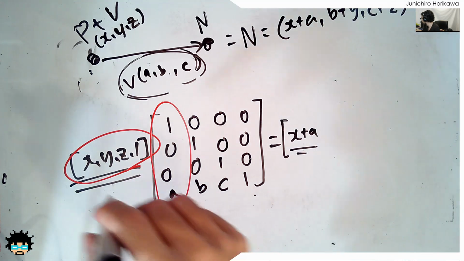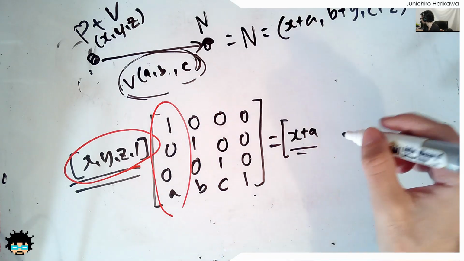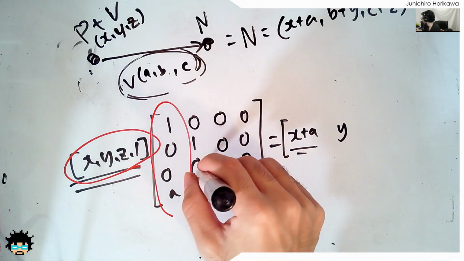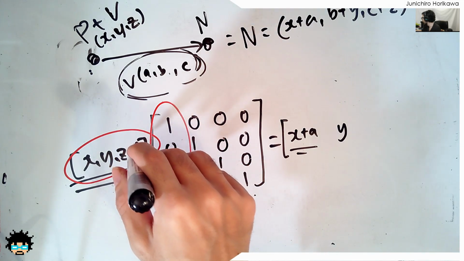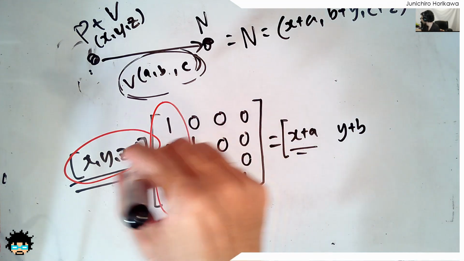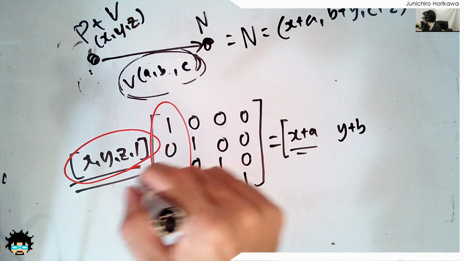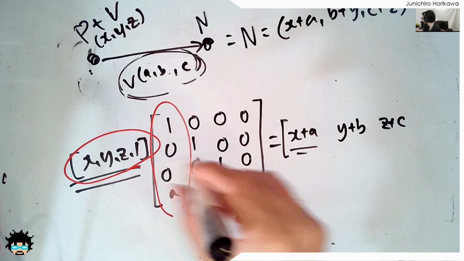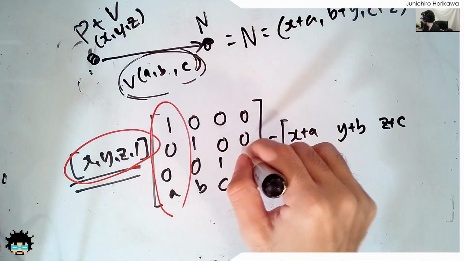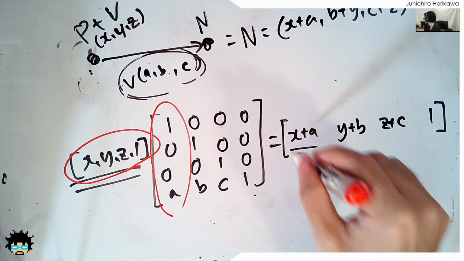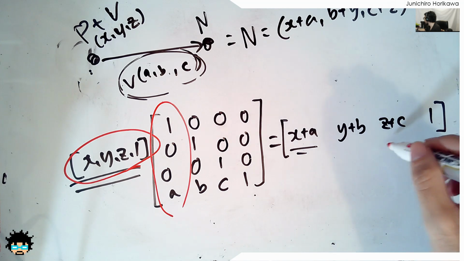For the second one, X multiplied by 0, so that's 0, Y multiplied by 1, so Y, Z multiplied by 0, and 1 multiplied by B, so you have B. And the third one, X 0, Y 0, Z plus C. And for the last one, 0, 0, 0, 1. So the result you get is X plus A, Y plus B, Z plus C, and 1.